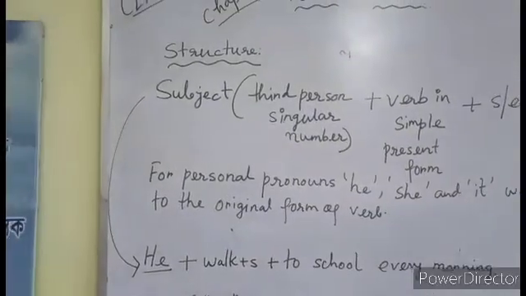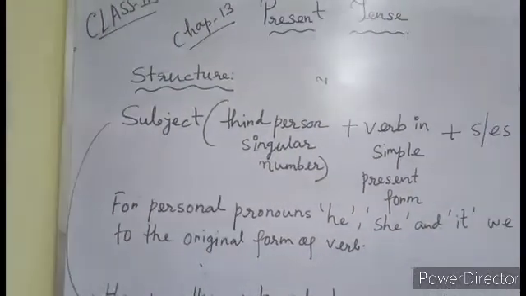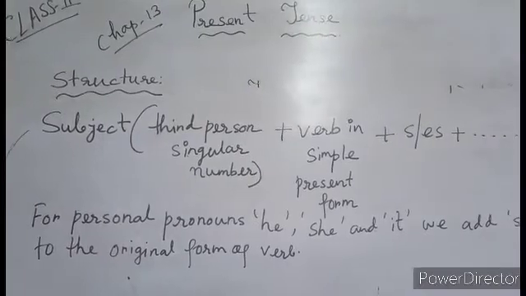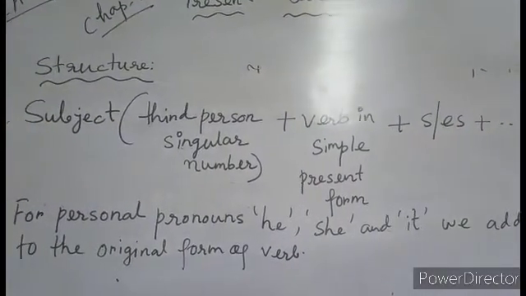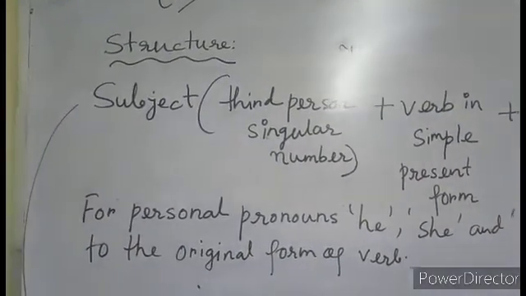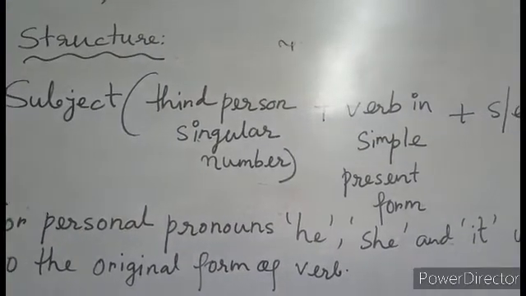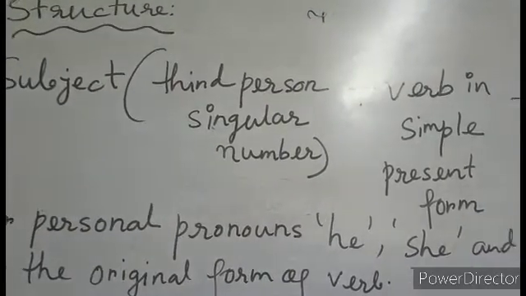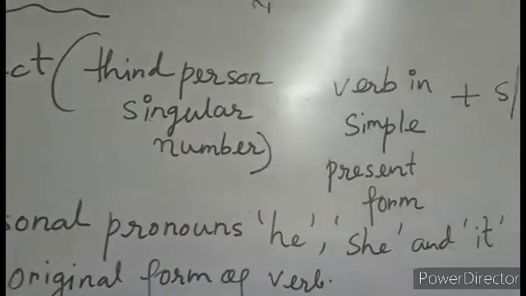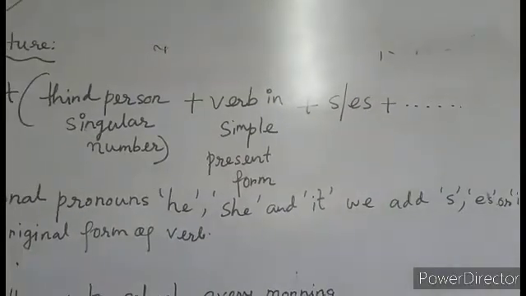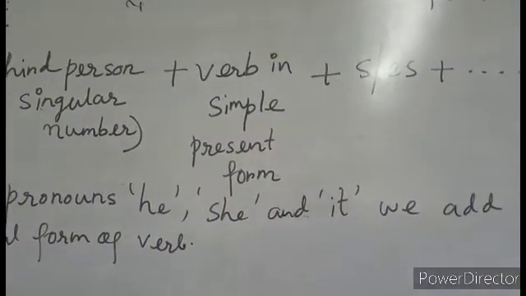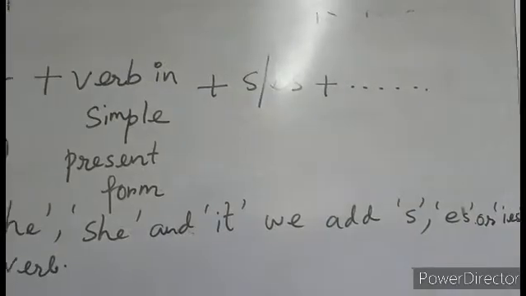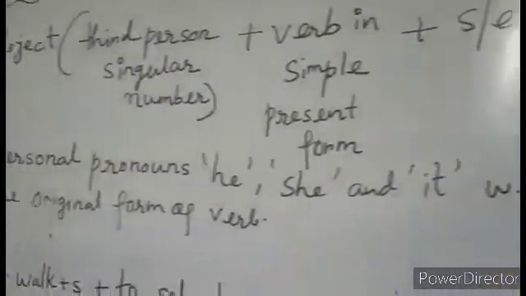Now the structure: how to use present tense in a sentence. What is the rule? If the subject is third person singular number, then we have to write the simple verb in simple present form plus s or es, then the rest of the sentence.